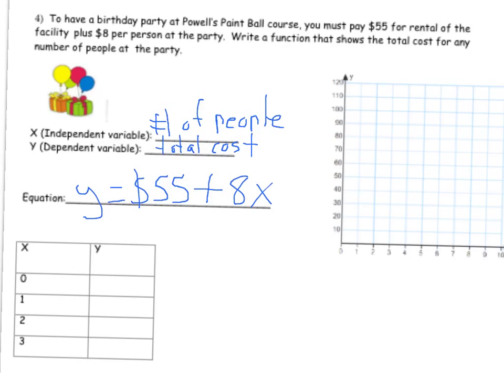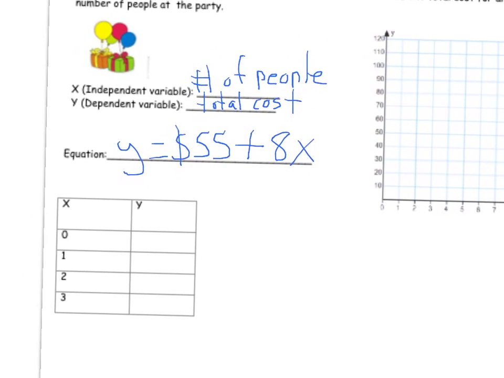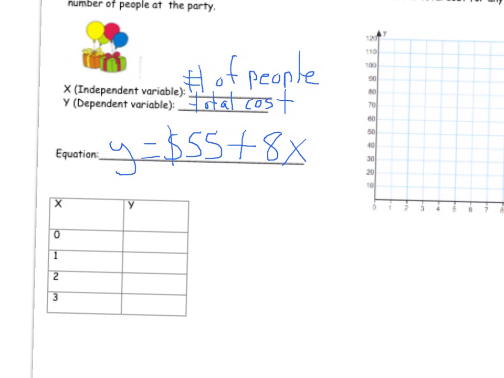So when we take a look at your table, again, you want to make sure your table is labeled. So this is cost, number of people, and in the y column, it's 55, 63, 71, and 79. You can go over here to your graph and you would plot it.